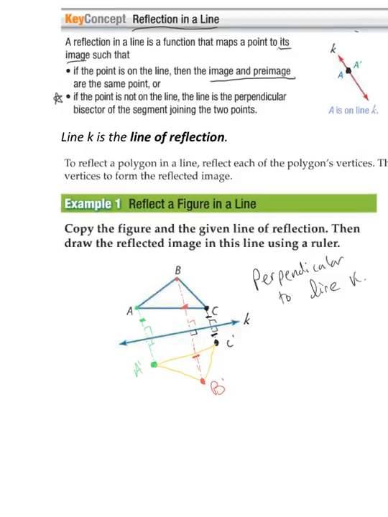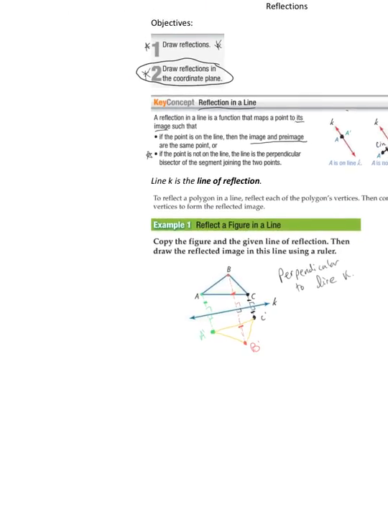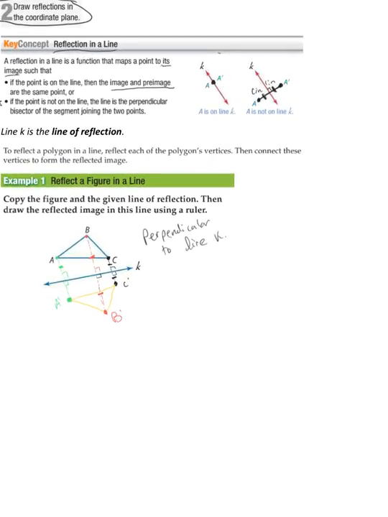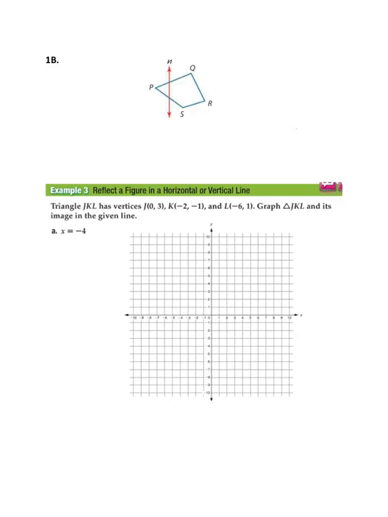I've got another shape here on the next page that you could try this on if you wanted to copy this down. This is interesting because if you're reflecting across line N, you've got one point to the left of it that you would reflect to the opposite side. So that would be our point P prime.